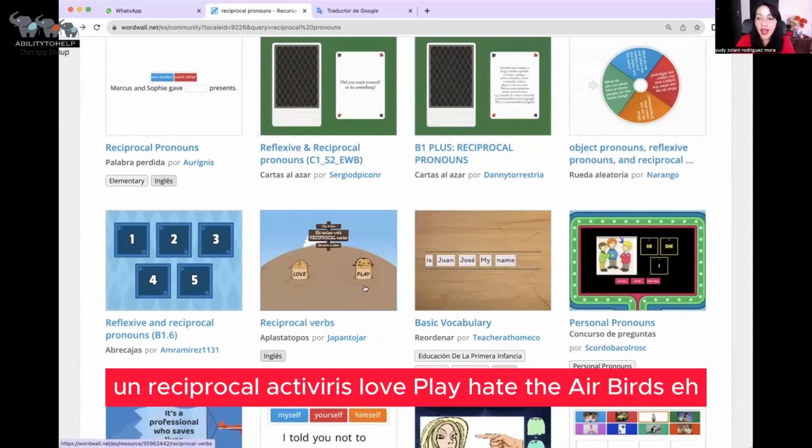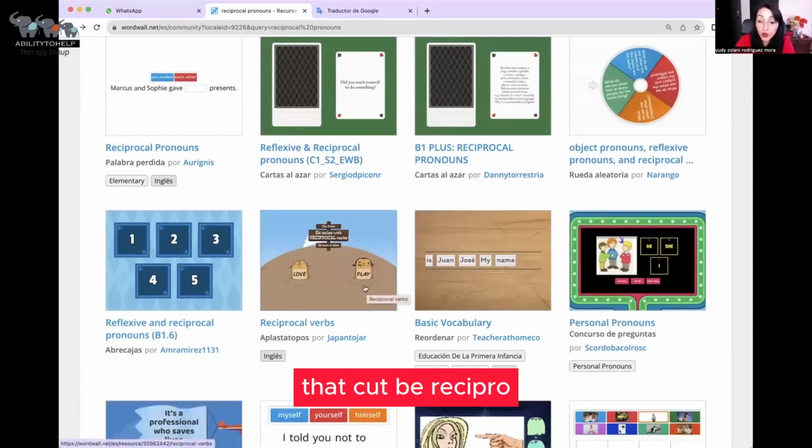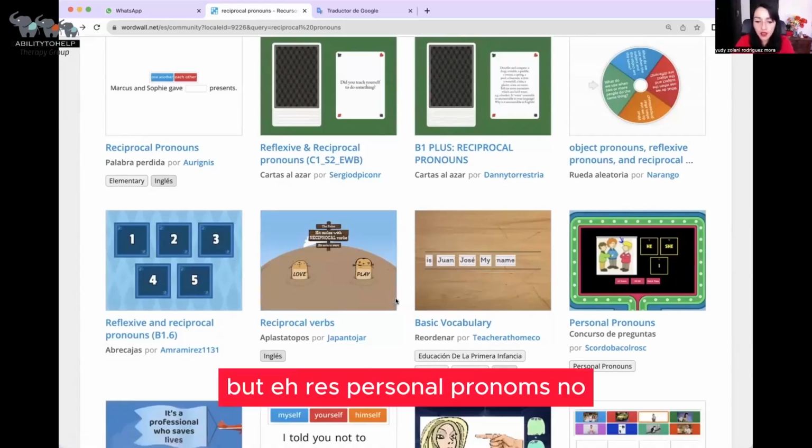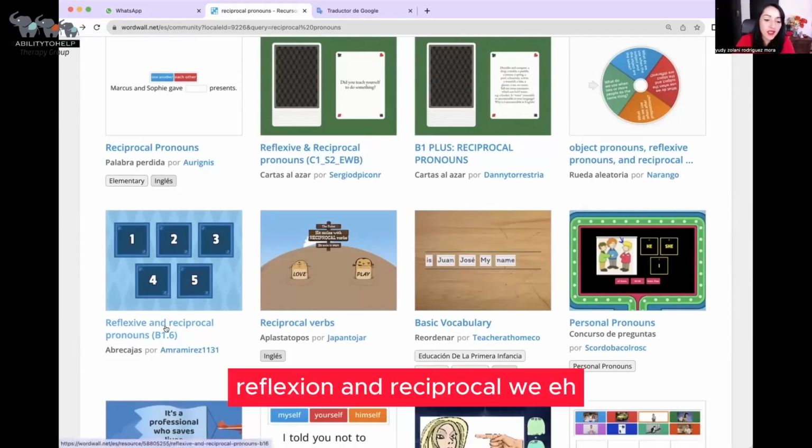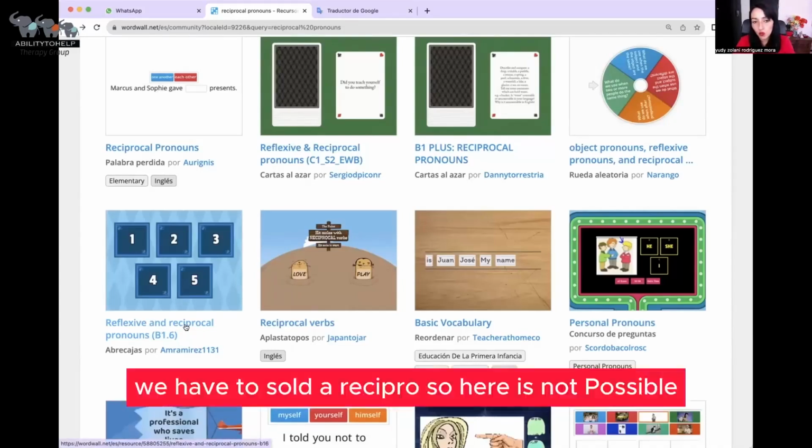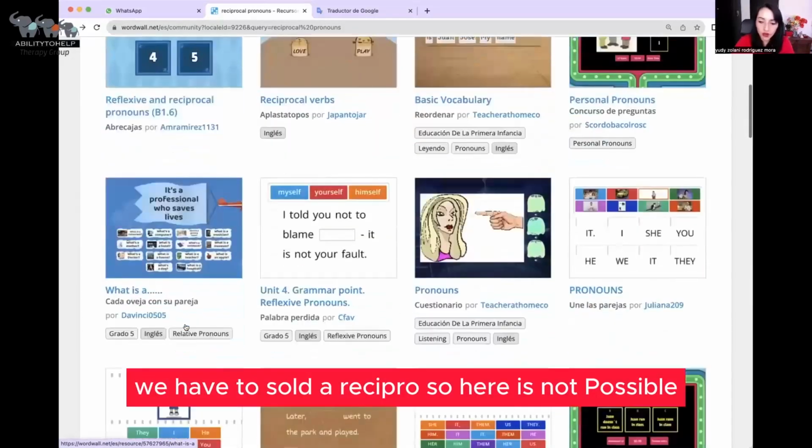Love, play, hate. They are verbs that could be reciprocal, but personal pronouns, no. Reflexive and reciprocal, we have to solve a reciprocal. So here it is not possible.